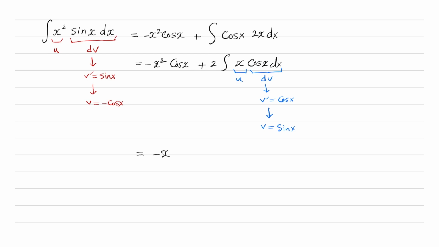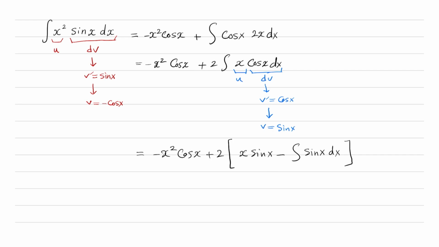Well, we had minus x squared cosine of x plus twice. Now the integral of x cosine is uv, which is x sine of x, minus the integral of v, which is sine of x, du, which is just dx.